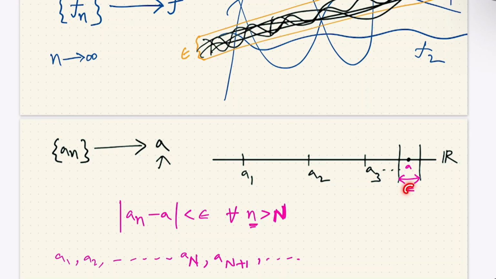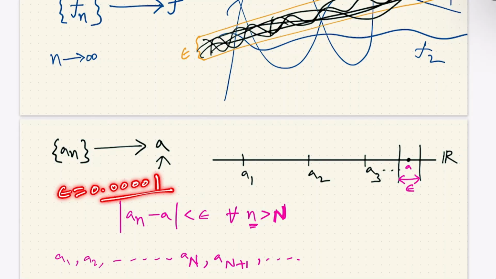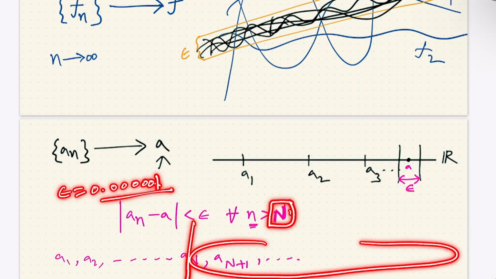This epsilon is your choice. No matter how small epsilon is, you give epsilon equal to 0.00001 or maybe 10 zeros after the decimal point, and you will find a stage. That stage will determine that all the sequence points come under this epsilon neighborhood.